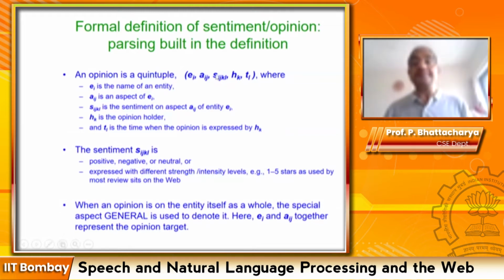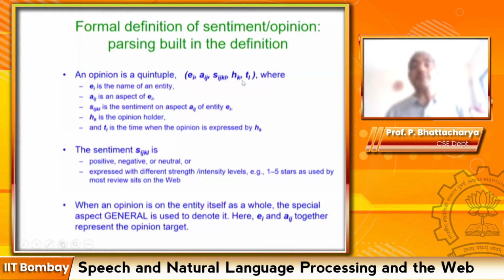S is the sentiment. And the sentiment about E, the entity, about a particular aspect of the entity, A, the sentiment is held by H, the opinion holder, and at a particular time, T. So all these are important components in defining sentiment analysis.